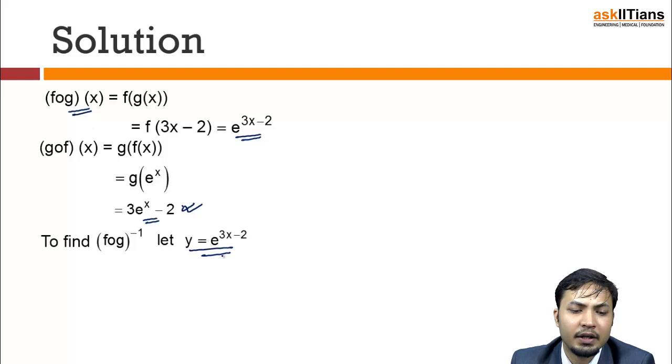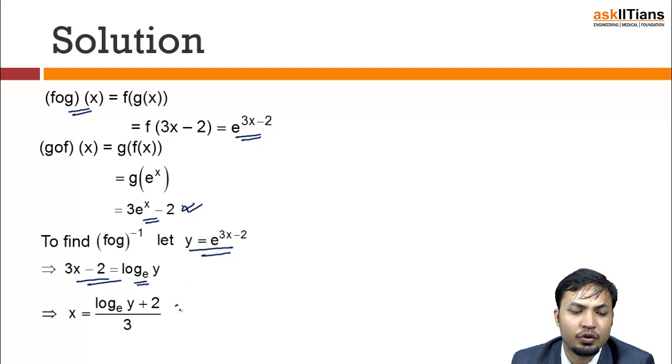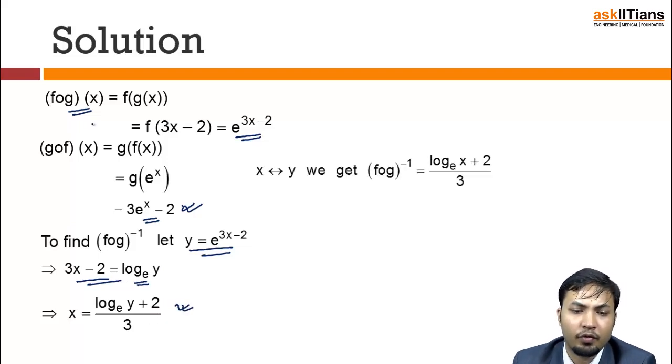So we let y equal to e to the power 3x minus 2, then we solve using the log here: 3x minus 2 equals log e y, which gives me x equals (log e y plus 2) by 3. Therefore, replacing y with x, we get (f of g) inverse equals (log e x plus 2) by 3.